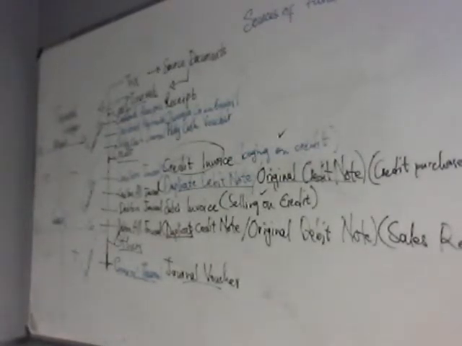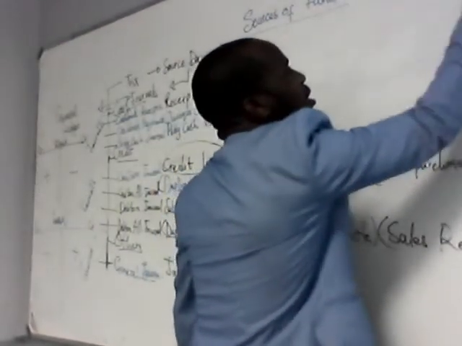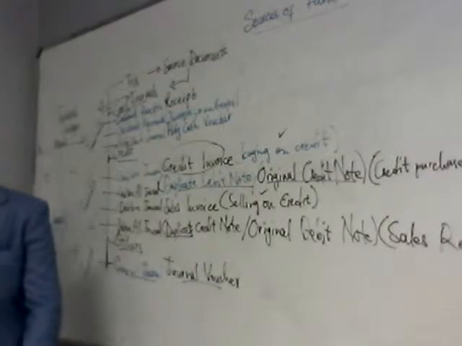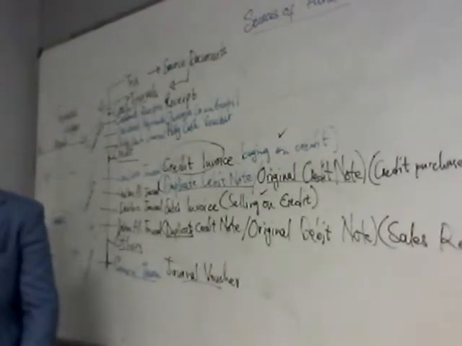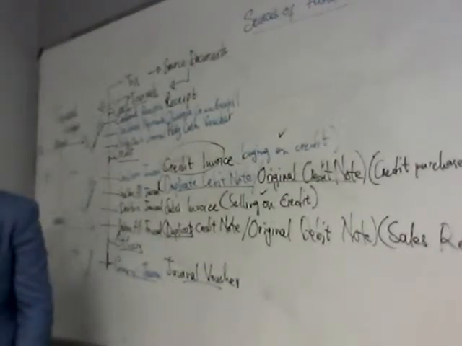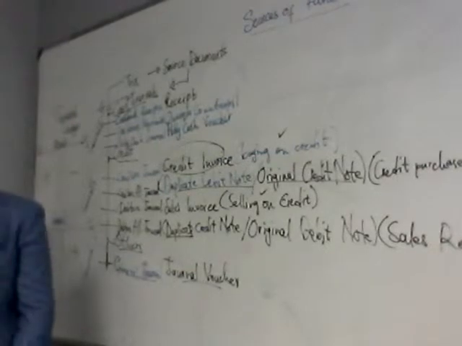But putting that aside, we've got 6 elements, or let's say 6 groups or categories of accounts. What are they? Categories of accounts, the extended accounting equation, so as to say.